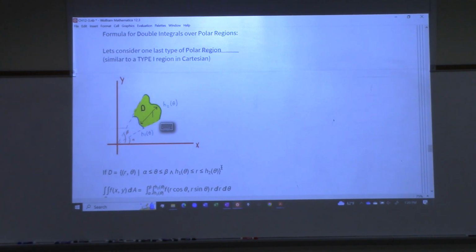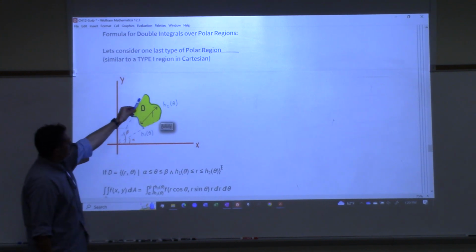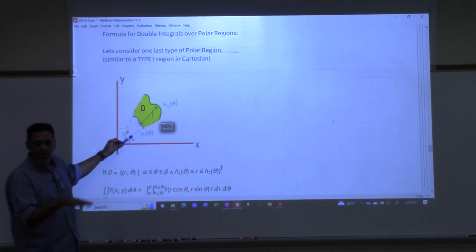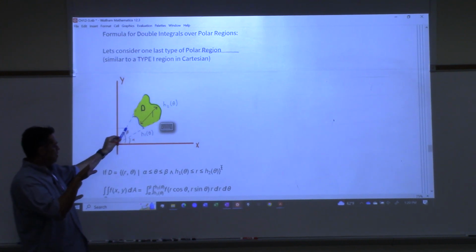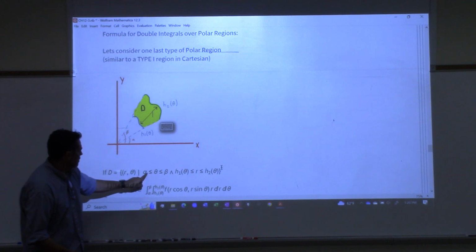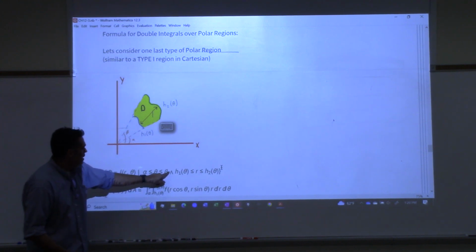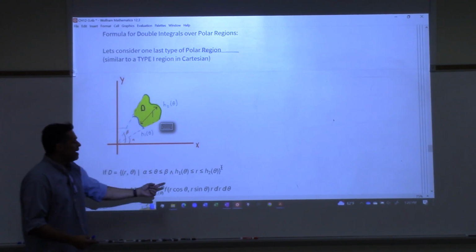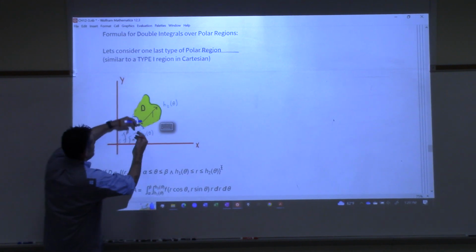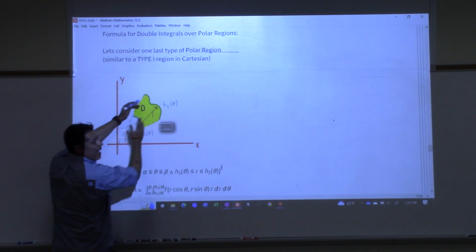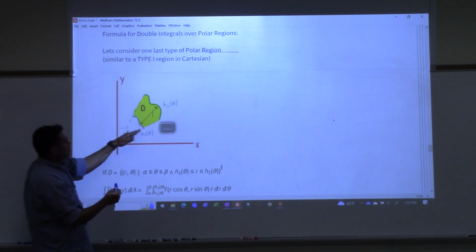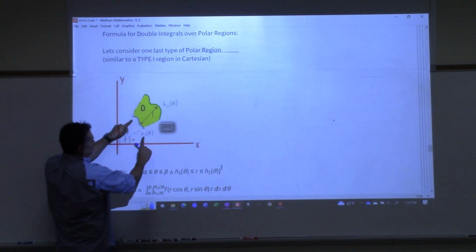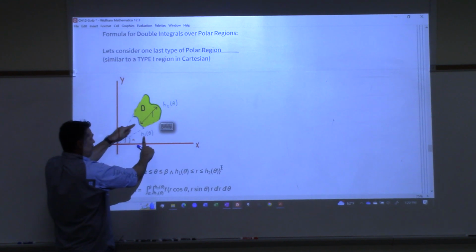So look at that region. This region right here, we have our angle varies between alpha and beta. So our angle, theta, stuck between two constants, alpha and beta. And our radius actually depends on where our angle is. So if you give me a certain angle, this radius is some function h1 of that theta.